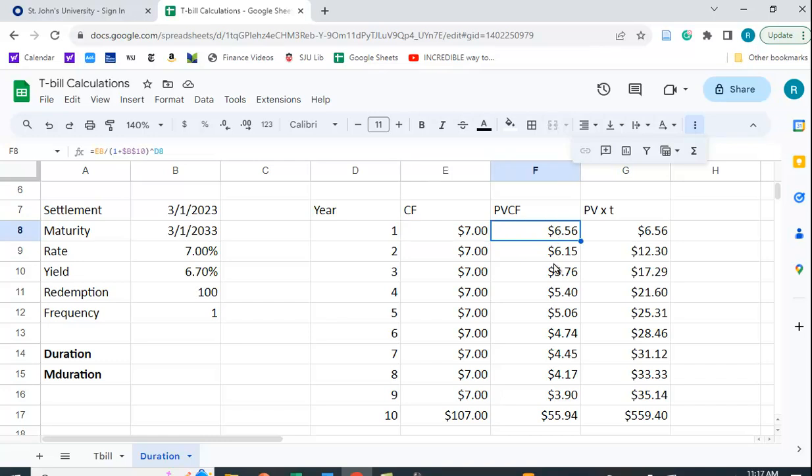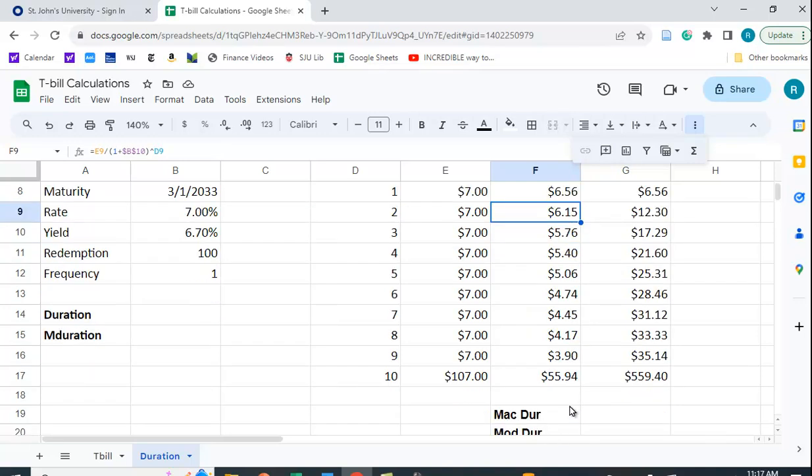The present value is simply this cash flow divided by 1 plus the interest rate raised to the year power. So in this case, year 1. In this case, it would be raised to the second power, etc. If I sum these up, I get the price of the bond.